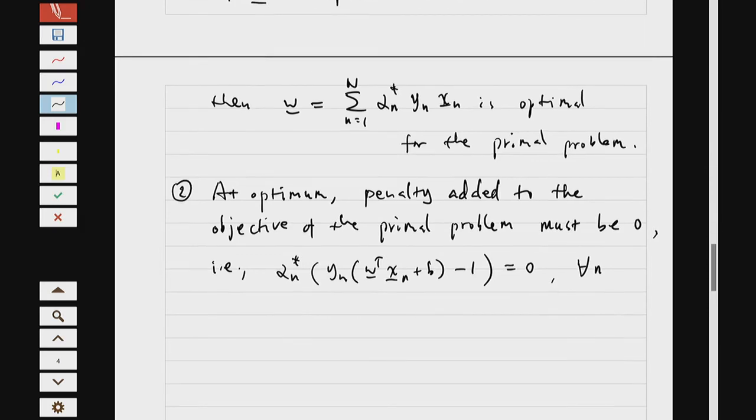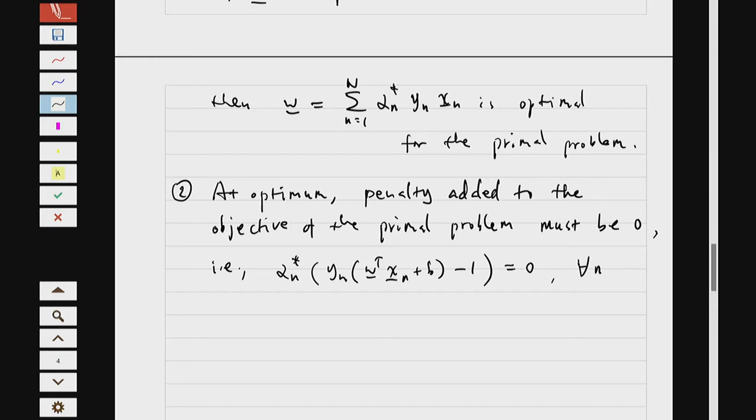In the optimization literature, this is called the complementary slackness condition. It is one of the KKT conditions. You don't have to know all of the theory behind optimization.